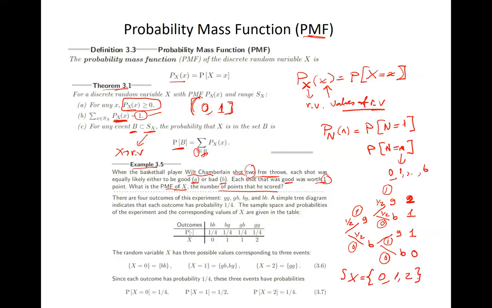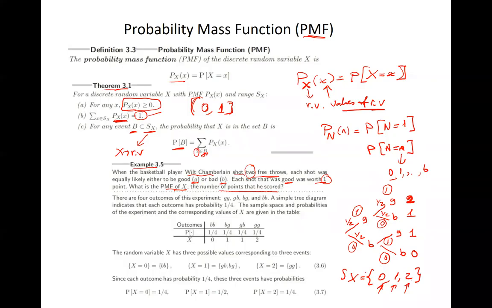So the total number of points that he may get with these free shots might be 0, where there is no good, all are bad. It might be 1, so one of the shots will be good. It might be 2, where 2 shots are good.